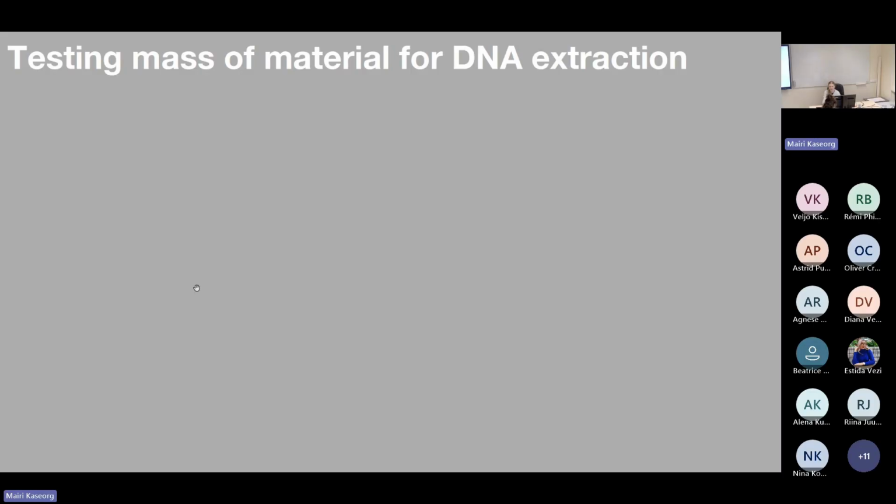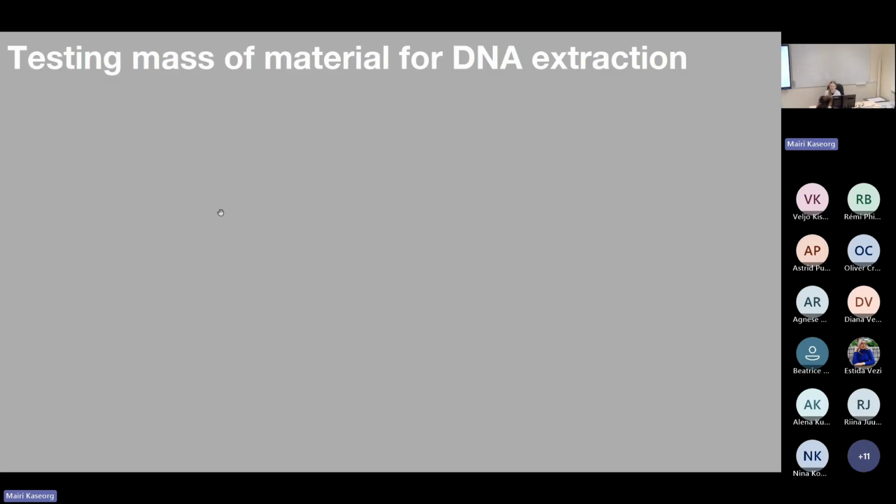What we wanted to do first was to test how much material is optimal to use in this extraction protocol. Rory had done this in Copenhagen, and there it had been 50 milligrams of material, but we wanted to test if we could add more, because of course more material should mean more DNA.